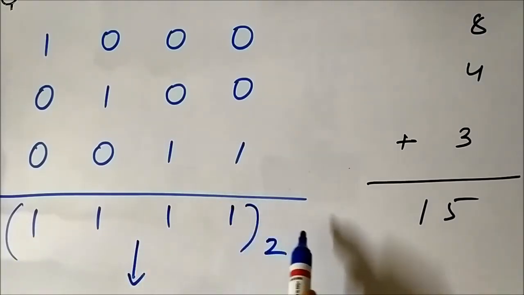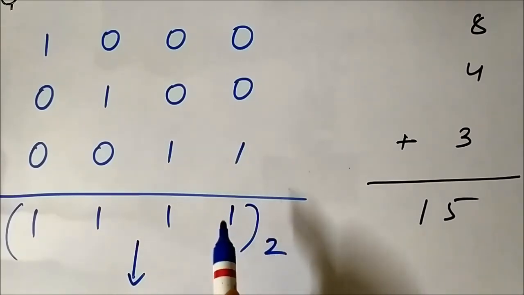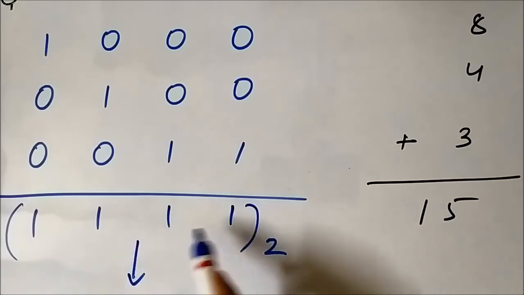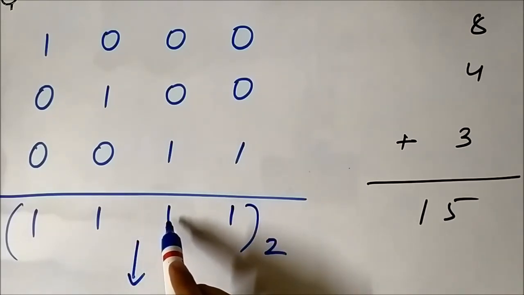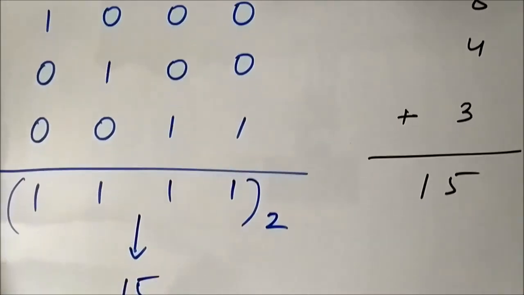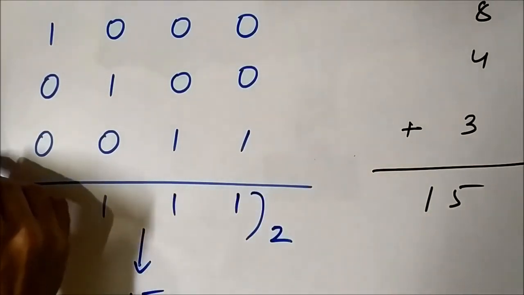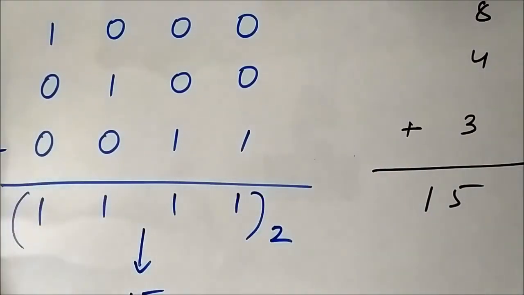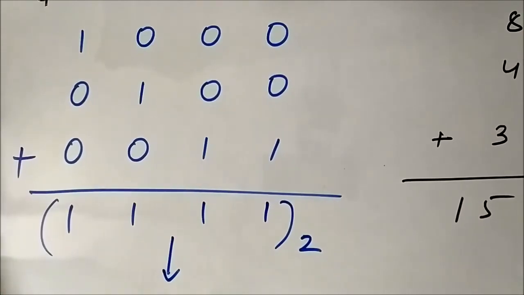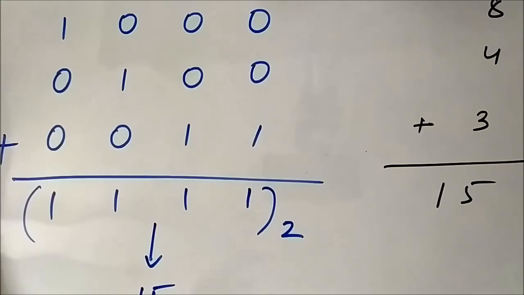If we convert it into decimal form using either the sum of weights method or the method of multiplying the weight values associated with each bit, that is 2 to the power 0, 2 to the power 1, 2 to the power 2 and 2 to the power 3, we will get the result as 15. So, we get the same result. So, this is another example where 3 binary numbers are added back to back, okay, and we got the same result.